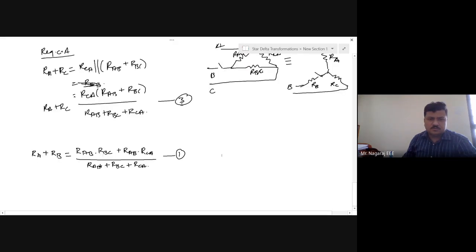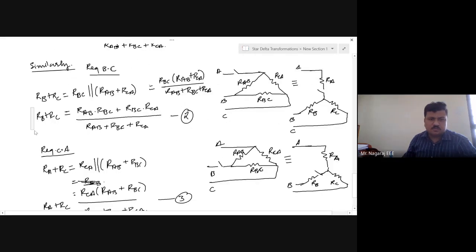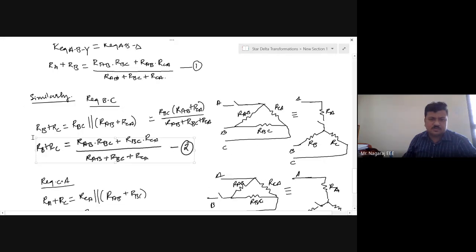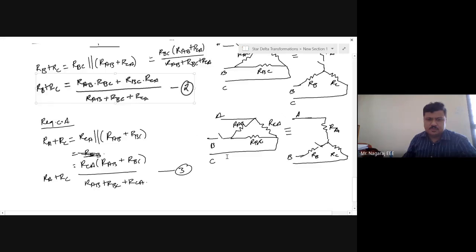Next I have to do some algebraic simplification, so I need all these equations at one point.